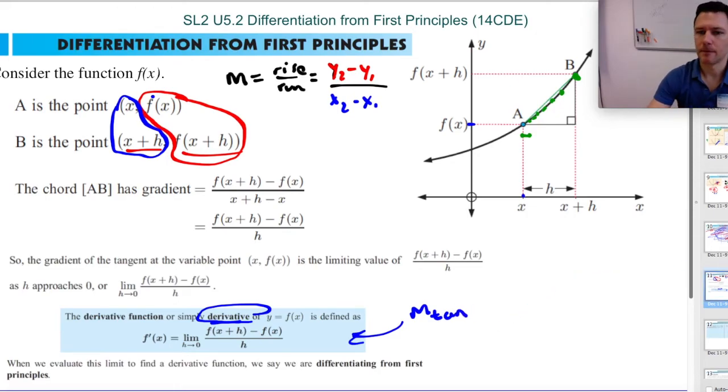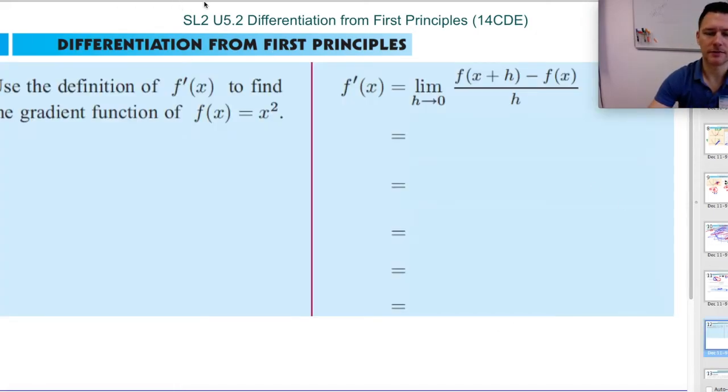All right, let's put it in practice. It sounds a lot scarier than it is. So use the definition of f prime of x to find the gradient of x squared. Okay, well, we know that f prime of x is the limit, as h goes to 0, of the change in y's over the change in x's.